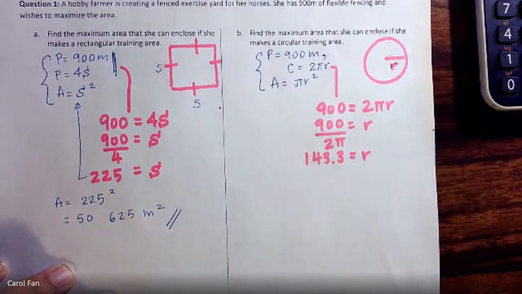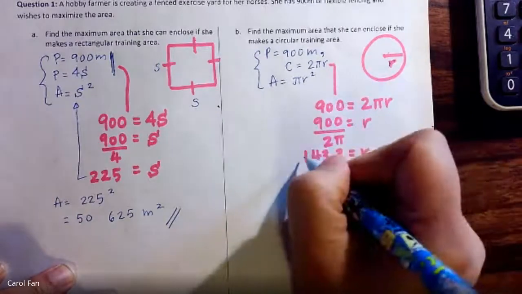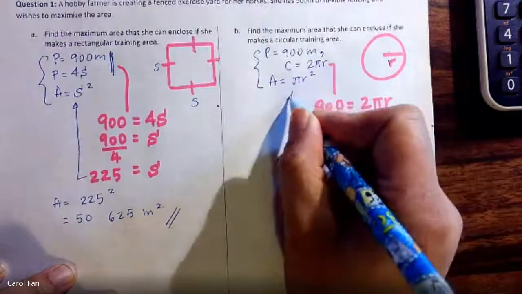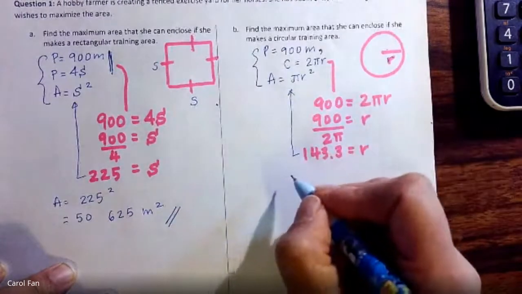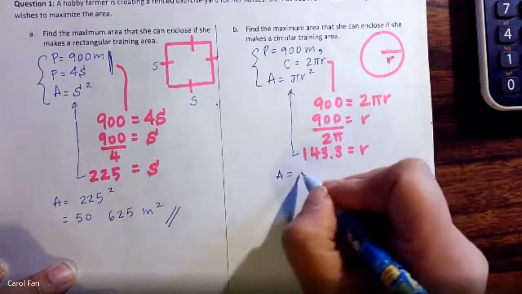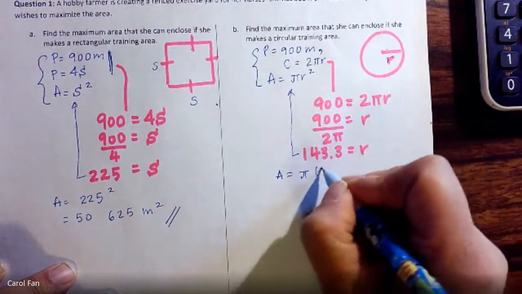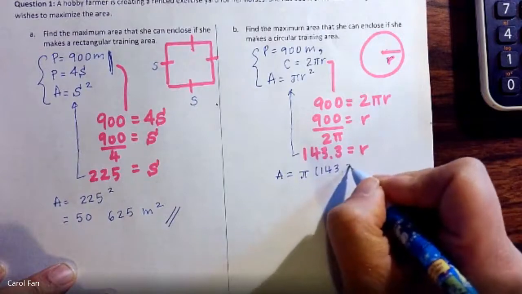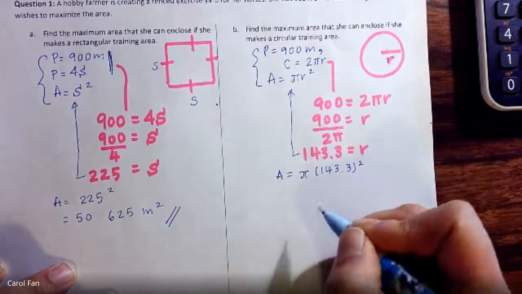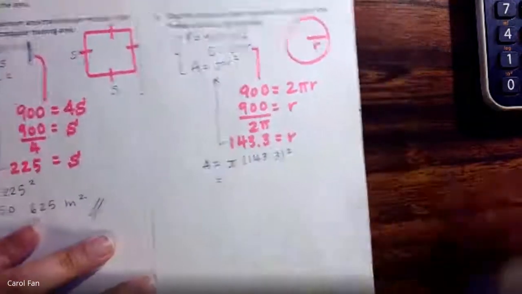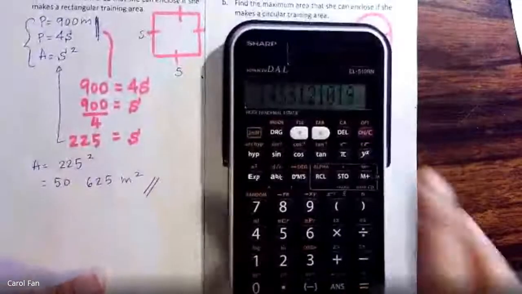circumference of 900. So now to get the area, I'm going to substitute it back in there. So we have area is equal to pi times 143.3 to the power 2. Let's put that into our calculator.